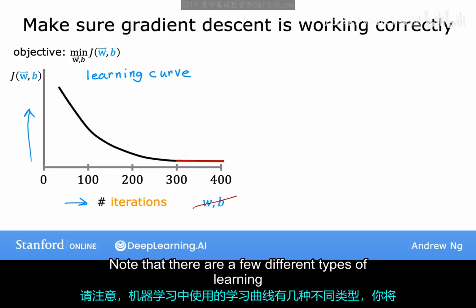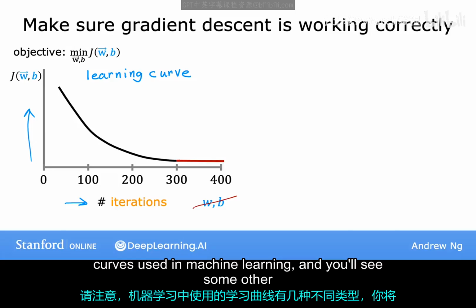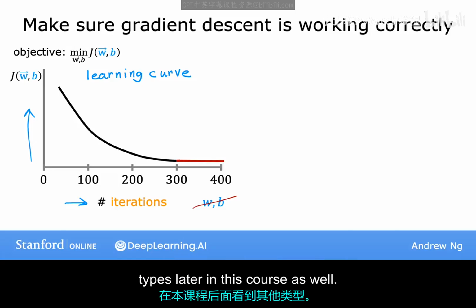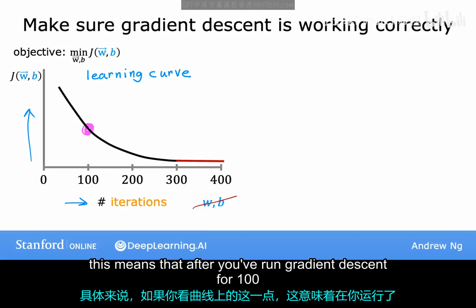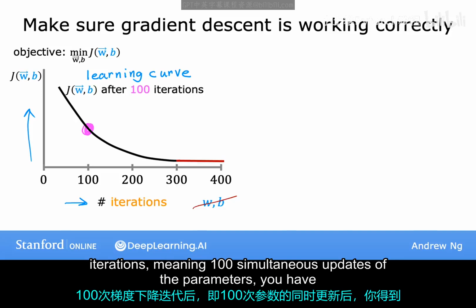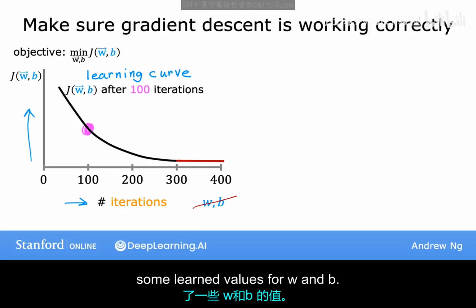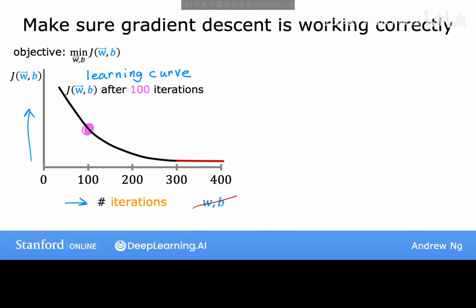Note that there are a few different types of learning curves used in machine learning, and you'll see some other types later in this course as well. Concretely, if you look at this point on the curve, this means that after you've run gradient descent for 100 iterations, meaning 100 simultaneous updates of the parameters, you have some learned values for w and b.